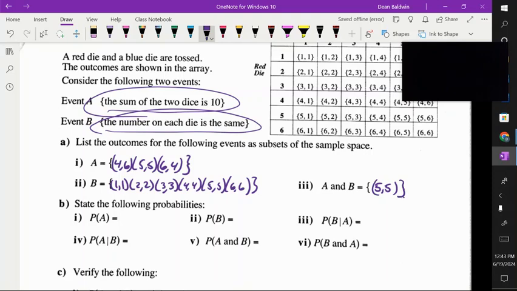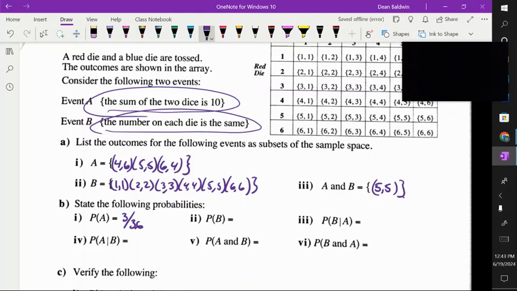Okay. What's the probability of A happening? 3 out of 36. There's 3 things in A. There's 36 total combinations. So 3 out of 36. And 1 out of 12 if you want to reduce it.